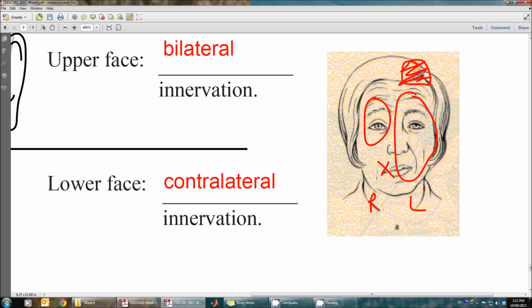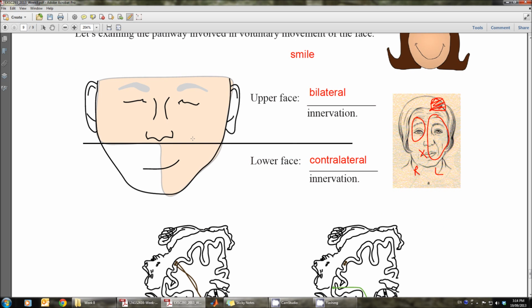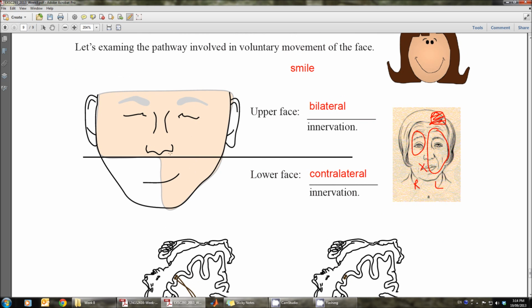So she is likely to suffer from a left side hemisphere cerebral accident. So for this diagram as well, because only this part is smiling, you can say the left part is not functioning. It's only showing the right side innervation.